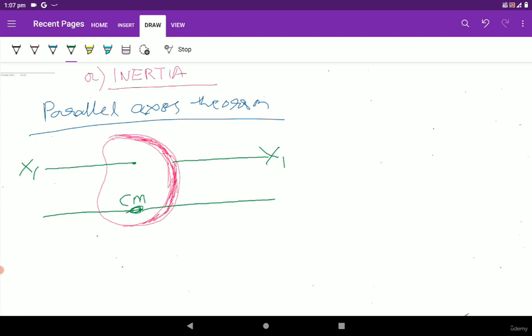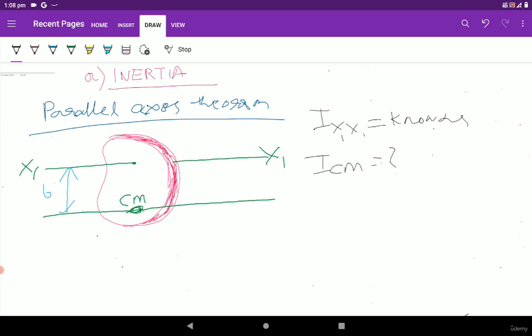The distance between these two axes is given by b. In this case, the inertia about the x1 axis is known to us, and we don't know the inertia about the center of mass.